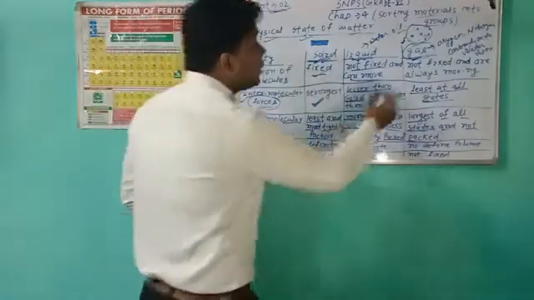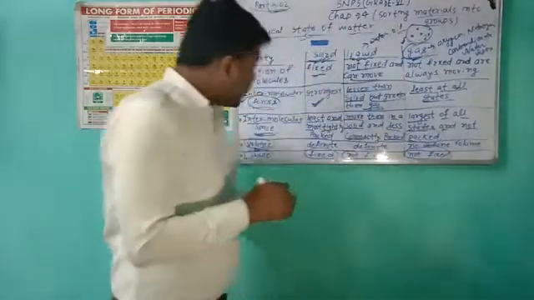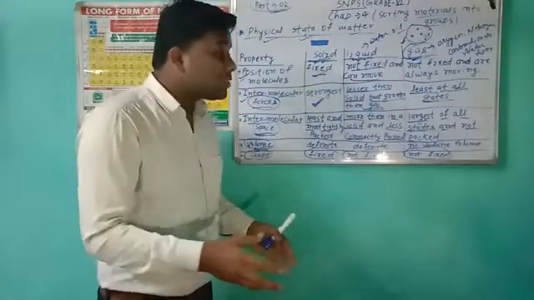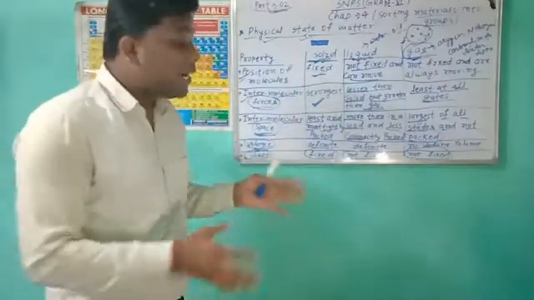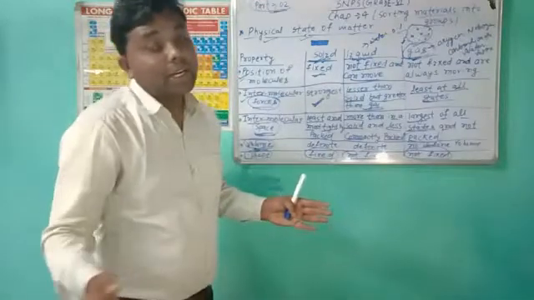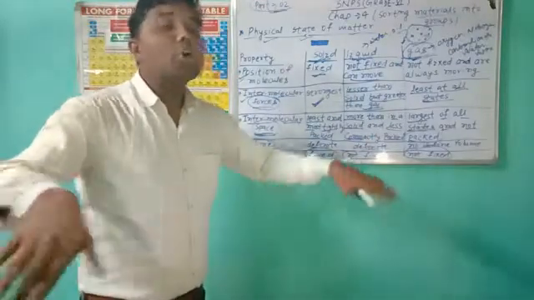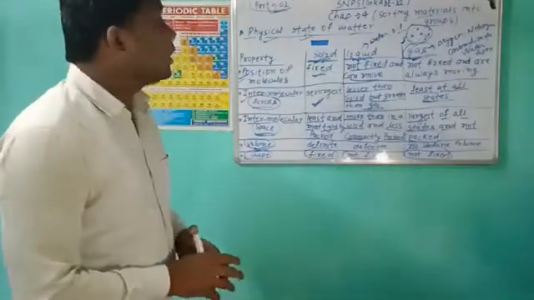And the shape of gases is also not fixed. If we take some gas in a particular container, it fully occupies the space, and if we take the same gas in another container, it also occupies the whole shape. So this is all about this lecture.